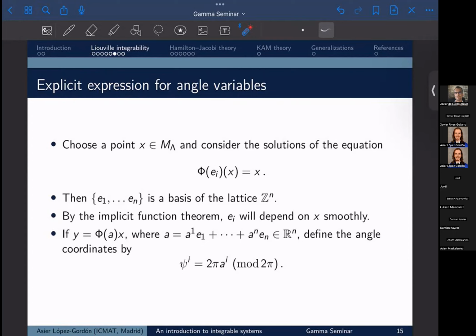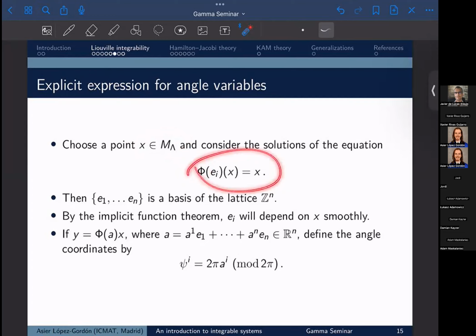So first, how we construct angle variables. We have a point X on an R^m submanifold M_lambda, and consider the fixed points of the action on that point. That means solutions of this equation, where phi is the action of R^m on M defined by the flows of the Hamiltonian vector fields.